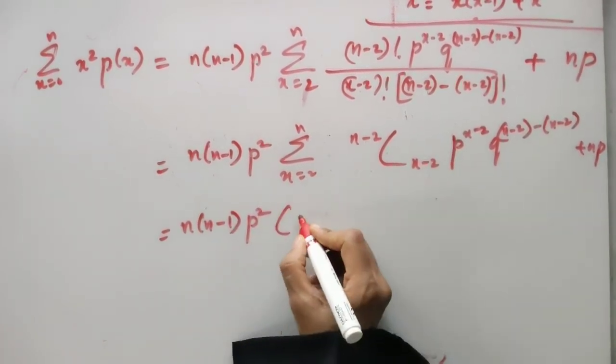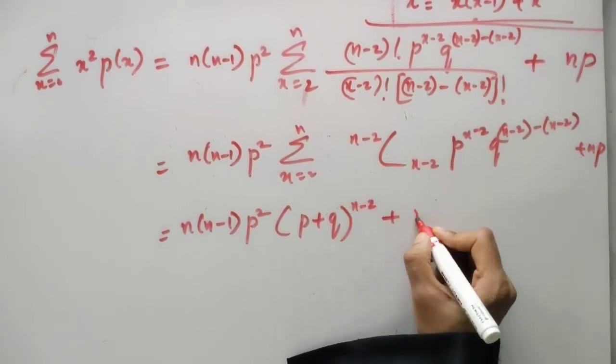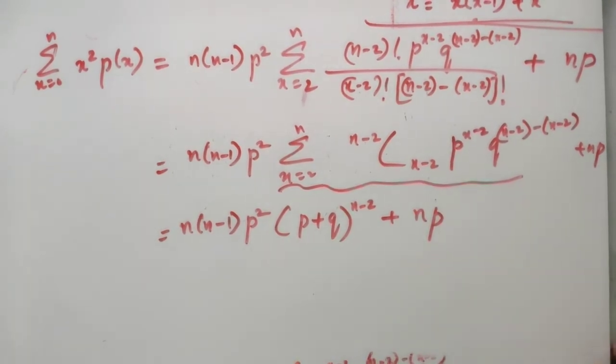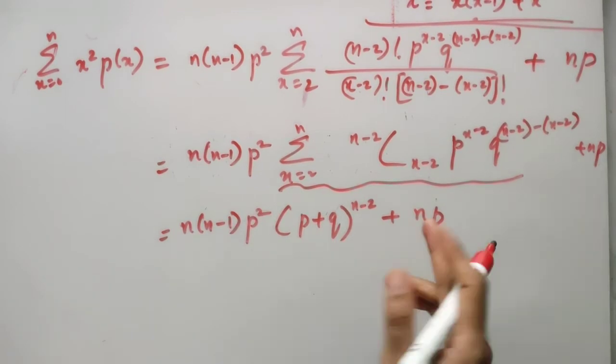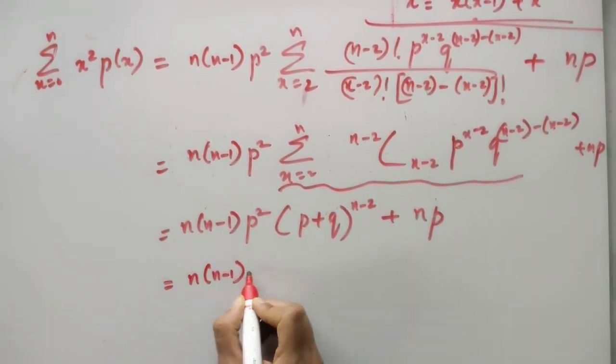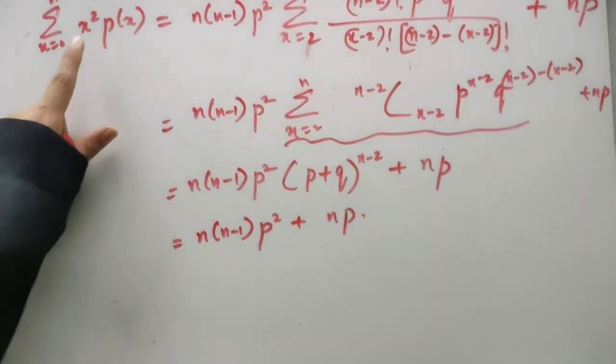And this thing is nothing but p plus q raised to n minus 2 plus n into p. This complete thing is p plus q raised to n minus 2, like how it was previously. Okay, now this p plus q is already 1, 1 raised to n minus 2 is always 1, so you will have n into n minus 1 into p square plus n into p. This is the first part.